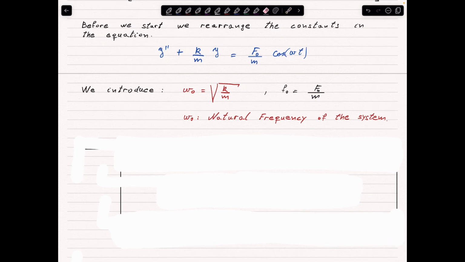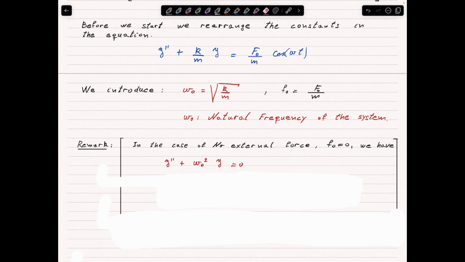Why do we call this the natural frequency of the system? Because in the case of no external forces, this f is 0, so we have this equation, and we already know how to solve it.